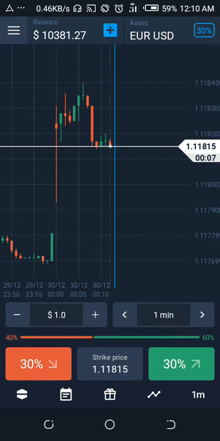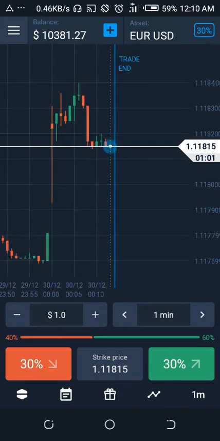So now, let me just say, before you get started, let me show you a little tip on how to do that. I've shown you how to sign in to your account. Now, before you start your binary trading, before you start trading, you have to do some setting so that the market will be favorable for you.